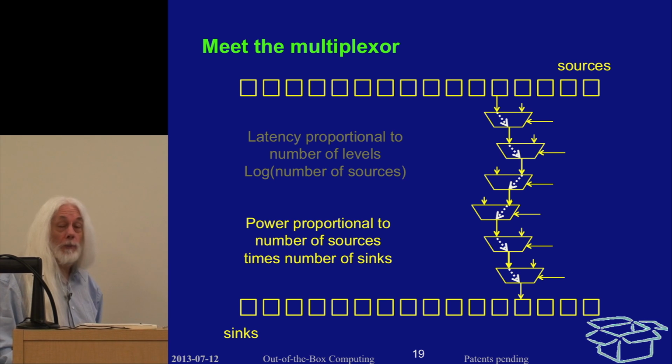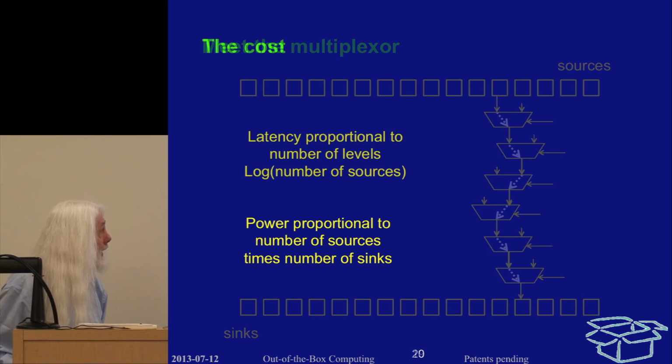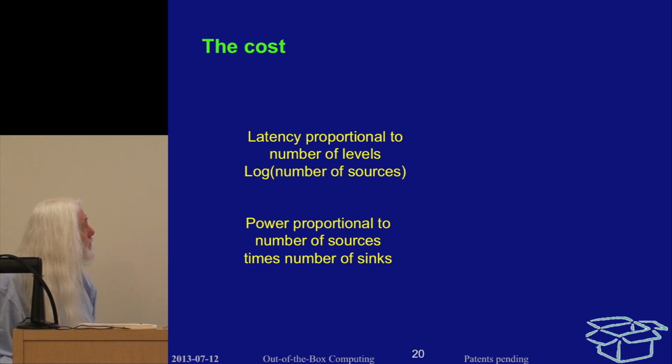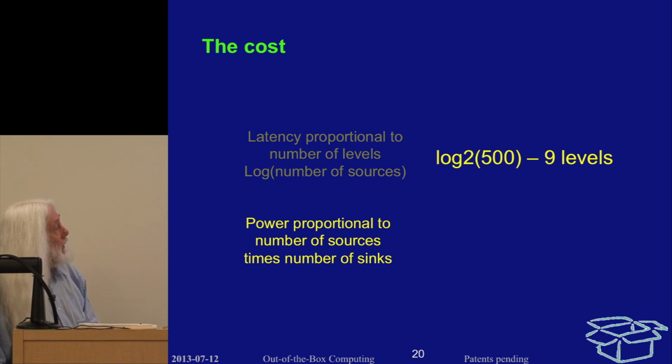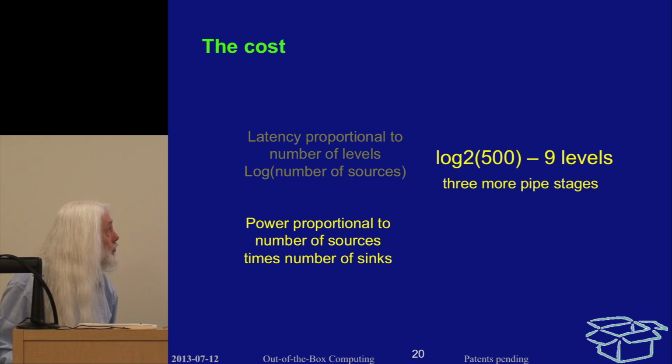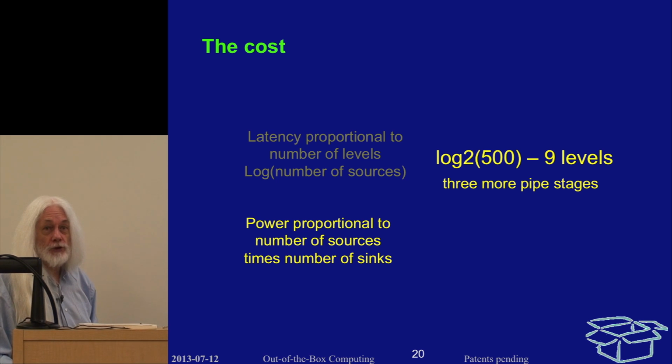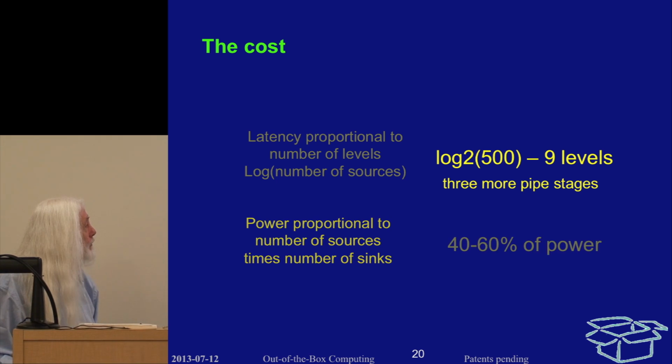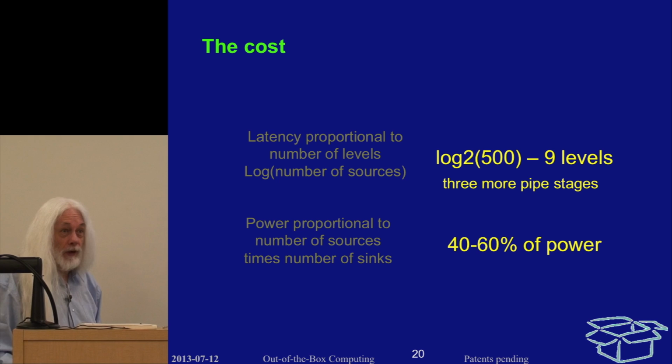The power is proportional to the product of the sources and sinks. Again, simplifying, but log of 500 is 9 levels, which will be at least 3 pipe stages, increasing your pipeline length. And when it all comes down to it, this interconnect tends to, on a superscalar such as the Haswell, consume around half of the overall power of the chip, of the core.